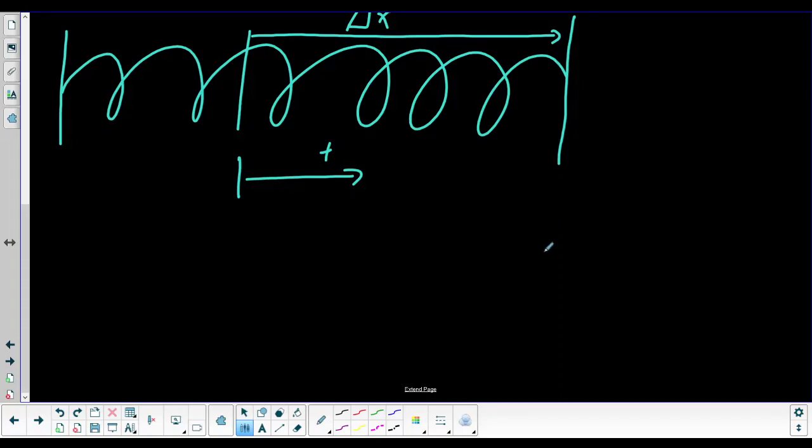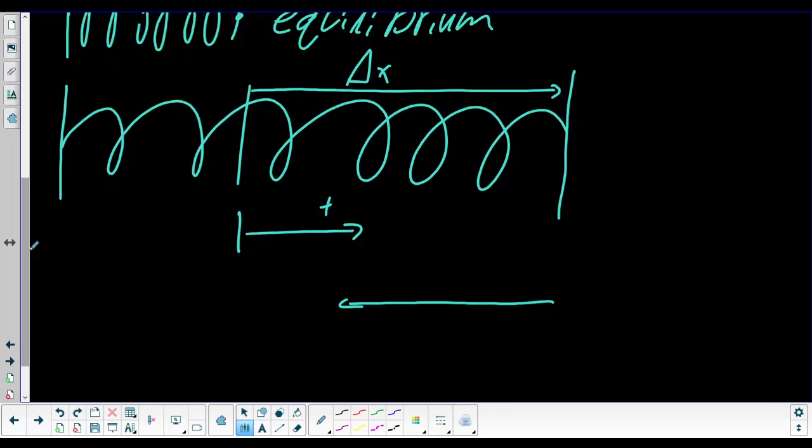The spring is going to pull that way and try to get back to its equilibrium position. So this direction of delta x is in the opposite direction of the force of the spring, because spring forces are restorative forces. When you pull or push a spring out of position, it tries to restore itself to its happy equilibrium position.